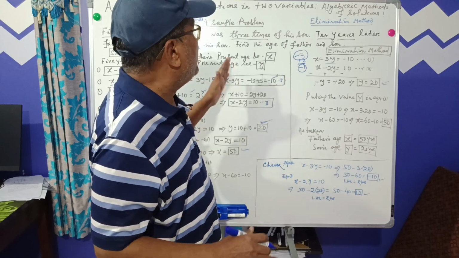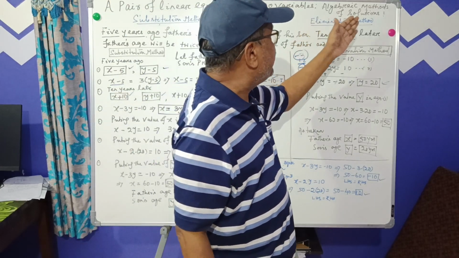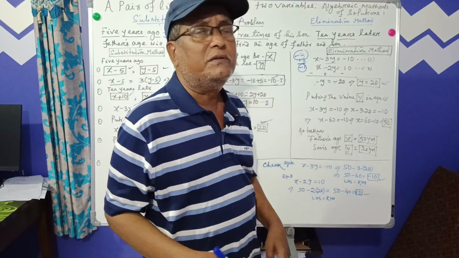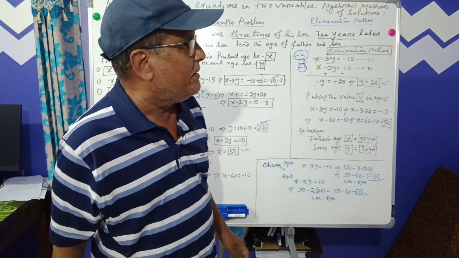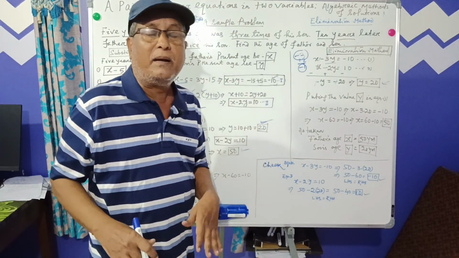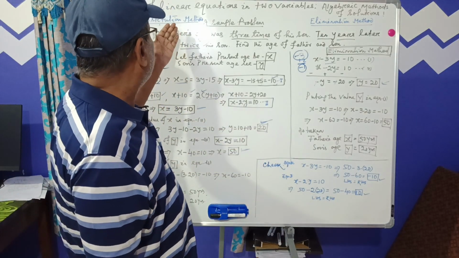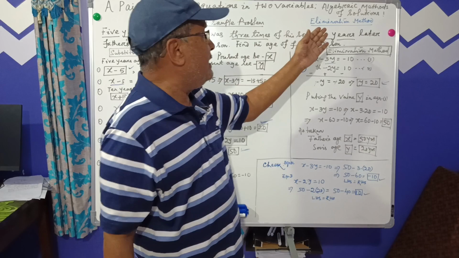So, we discussed the algebraic methods of solutions. Usually, two methods have been prescribed for your examination and have been detailed and explained in your textbook. One is the substitution method, another is the elimination method.